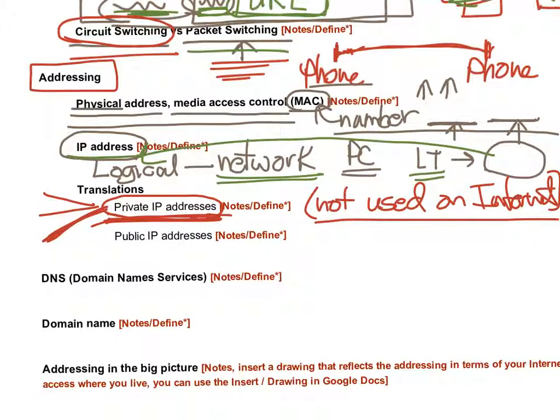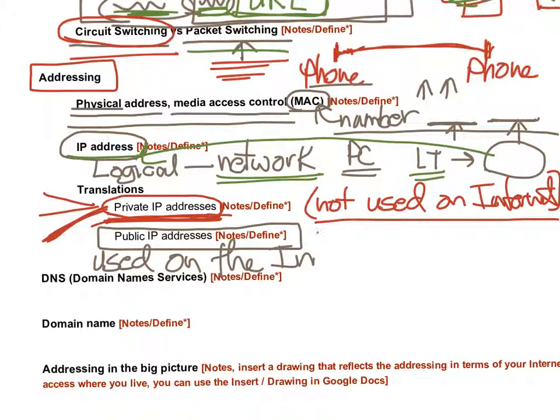Okay? Then, if you're going to go out to the internet, somewhere that has to be converted to a public address. Okay? And public addresses are used on the internet to move traffic through. Okay? So, they're blocked off and designed to be very efficient.